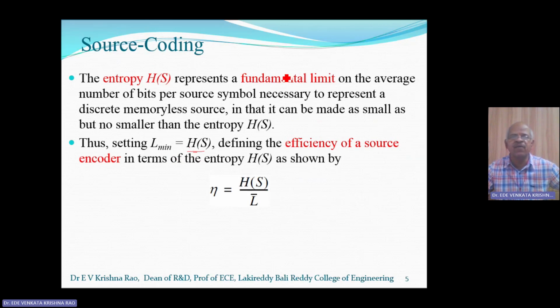We find the average information, the entropy H(S), if we know the probabilities of those source symbols.